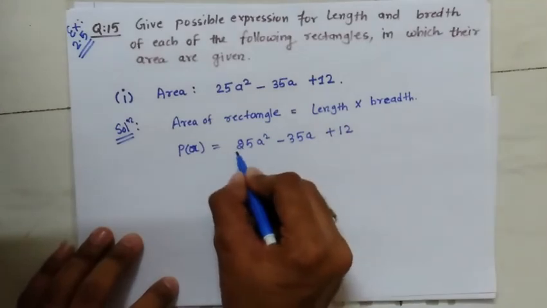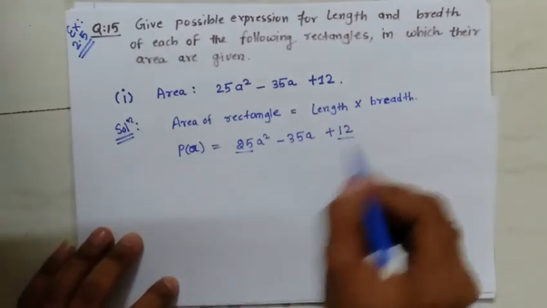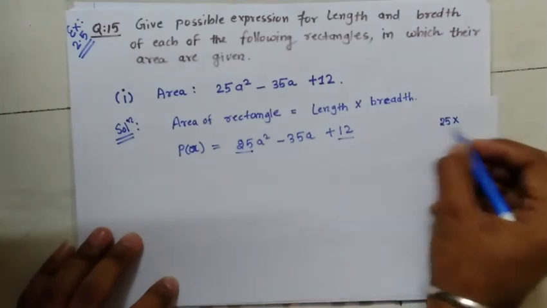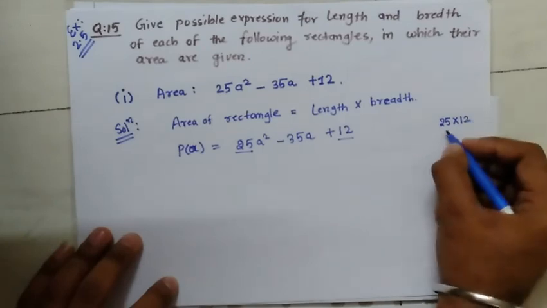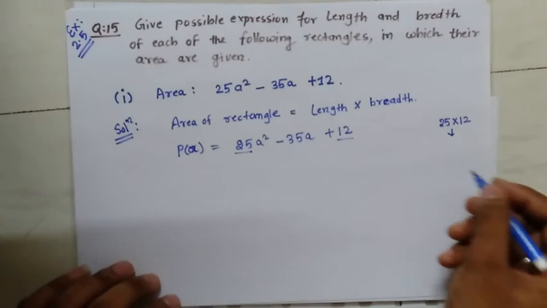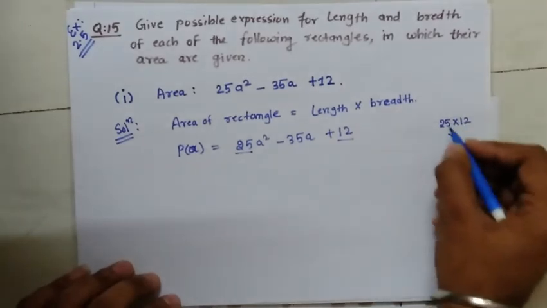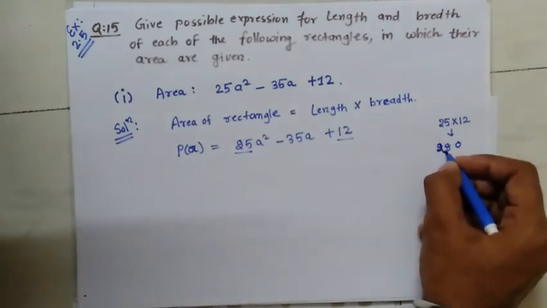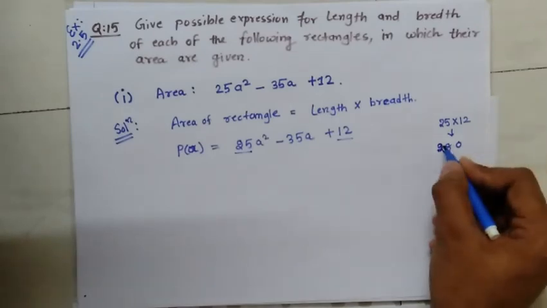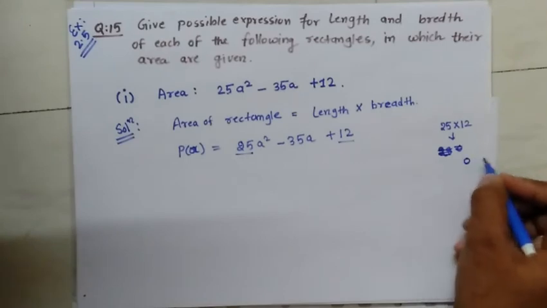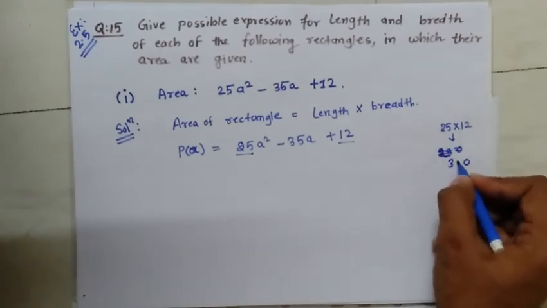Here our first number is 25 and the second is 12. For the product, I have taught you a multiply c, which will become how much? 25 12s are 300.